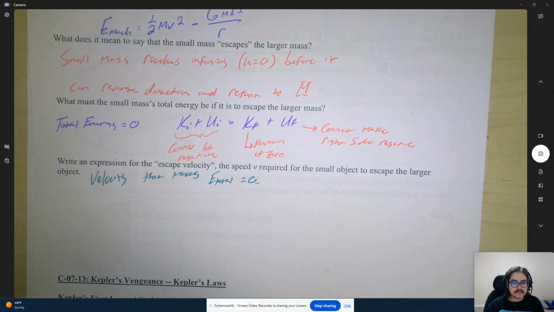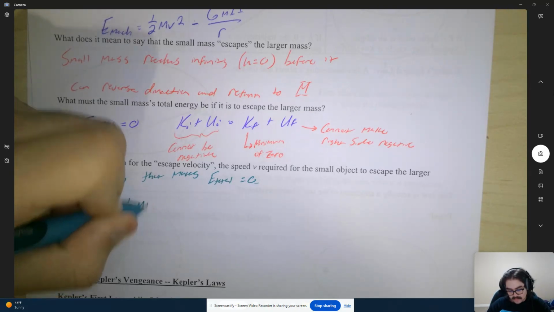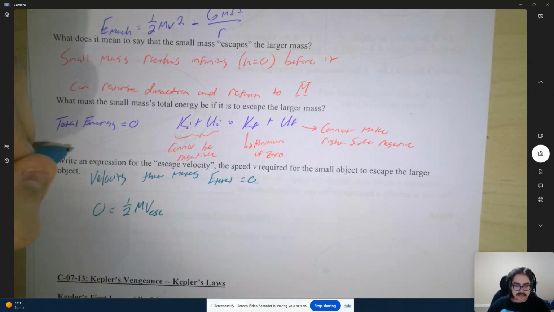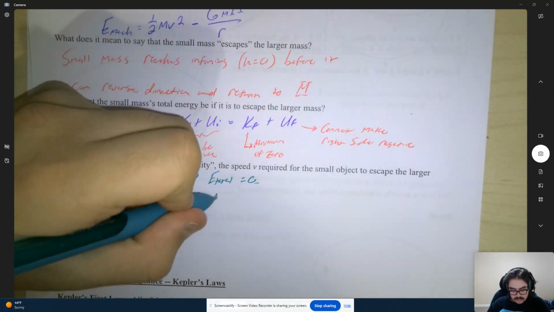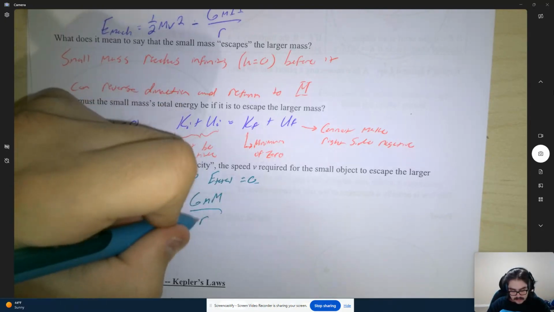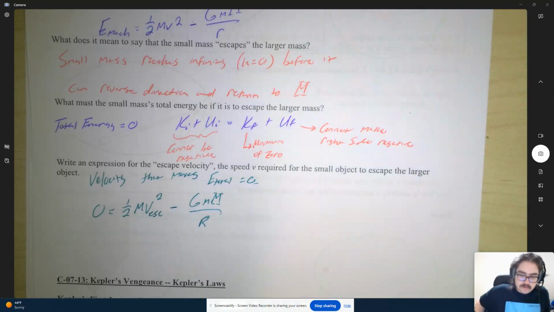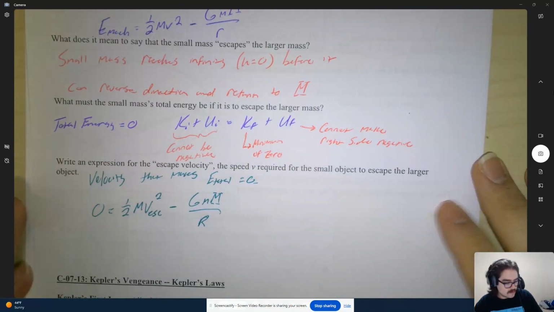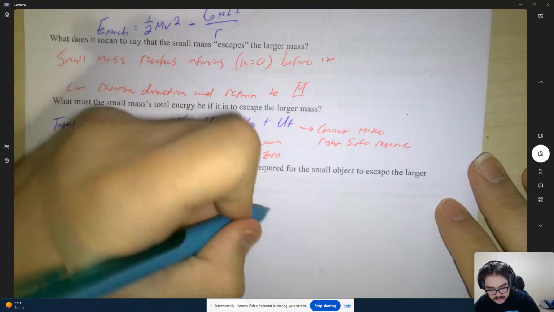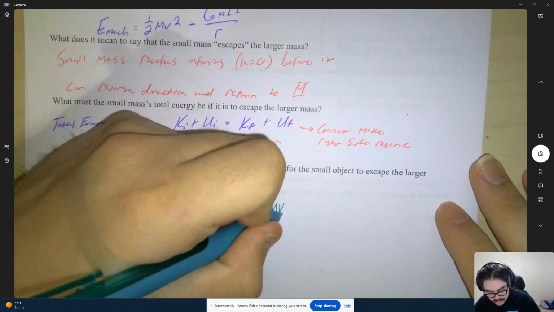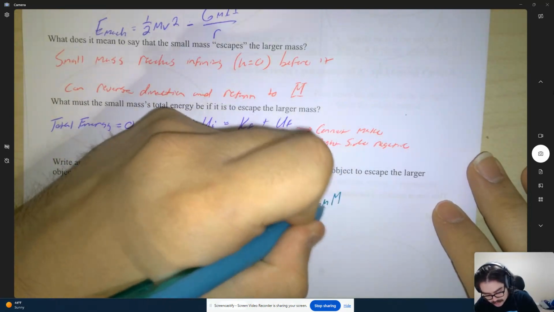So I can do 0 equals 1/2 m v escape squared, minus G little m big M over R. I'll use capital R for consistency because it says they're a distance big R apart. Then I can find that 1/2 m v escape squared equals G little m big M over R.